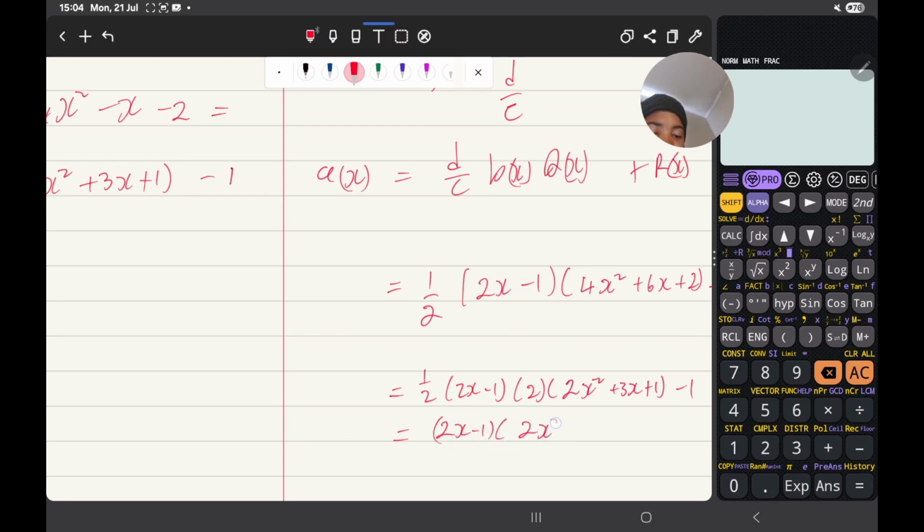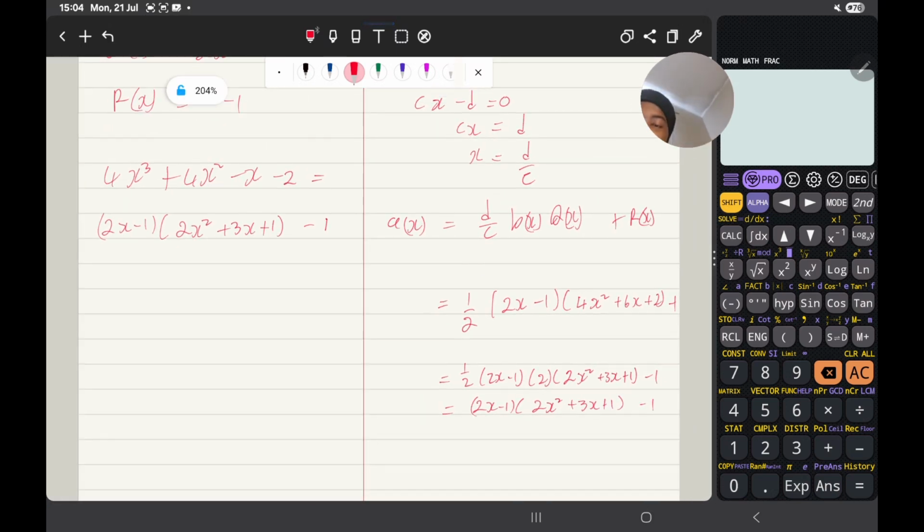Then our answer exactly matches here: 2x minus 1, 2x squared, 3x, 1, and then minus 1. There we go.